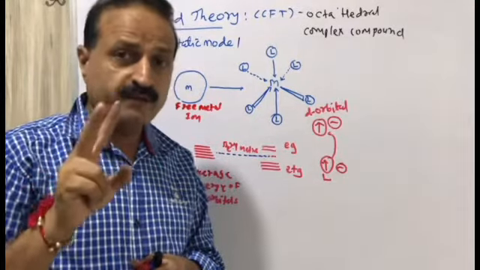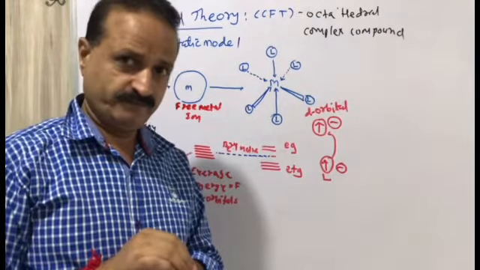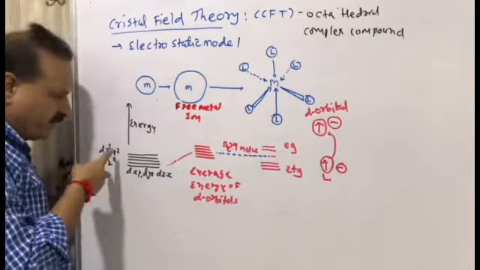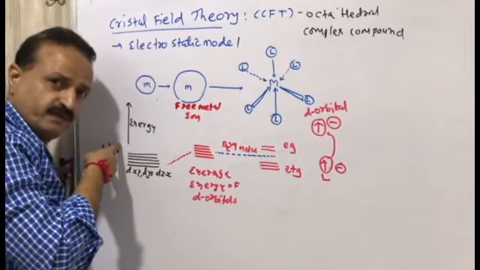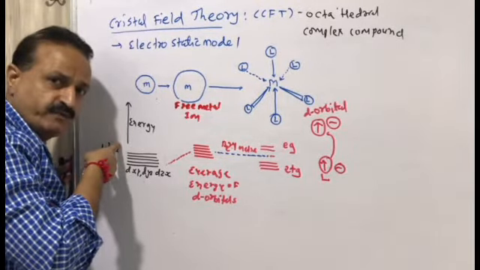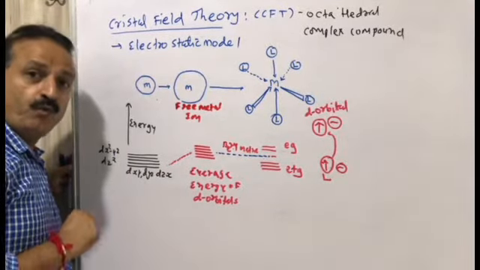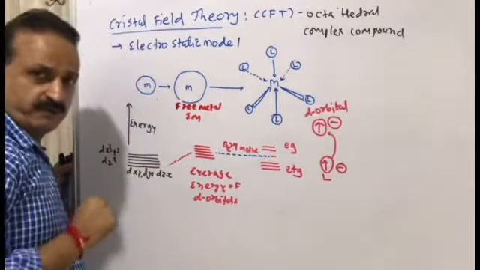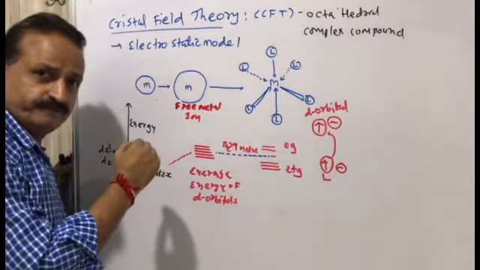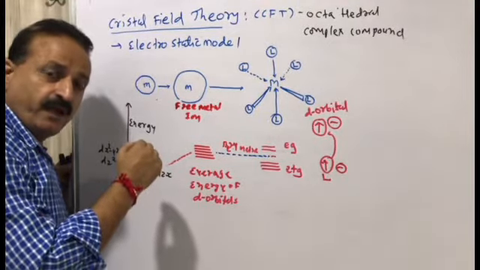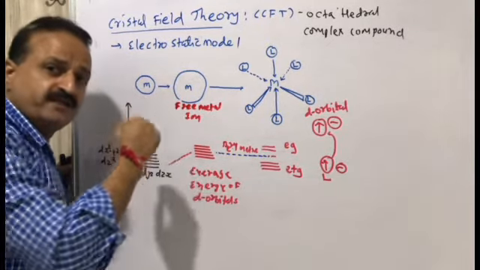Two d orbitals are present on the axis. These two d orbitals are dx square minus y square and dz square. They will get more repulsion and repulsion energy, and will transfer to a higher energy level.